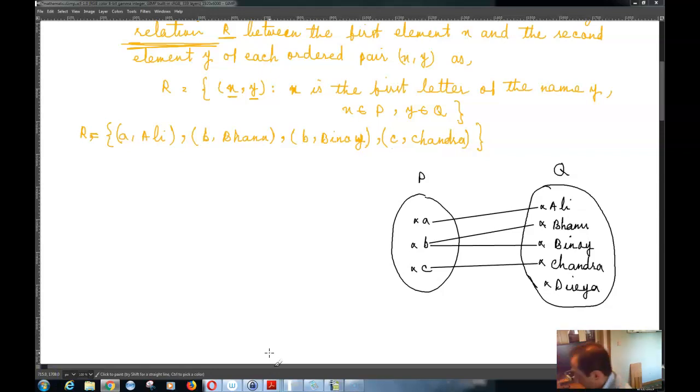Okay, so now we have a couple of definitions. These definitions are important, of course.